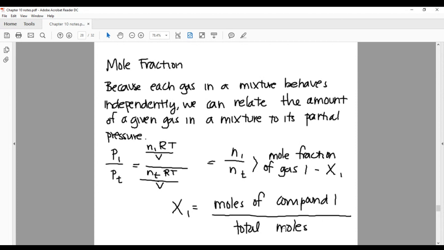So we have to consider the moles of compound 1, meaning the moles of gas 1, divided by the total moles of gas that are present in the mixture. And that is called our mole fraction, represented by X sub 1 there. It's going to make sense here in just a second.